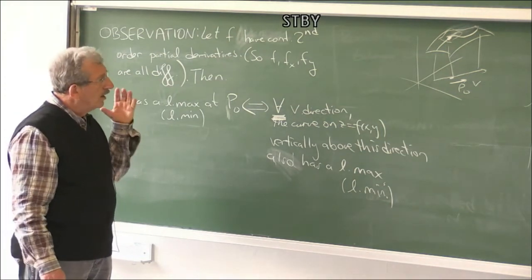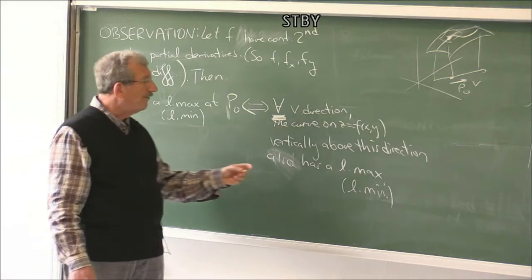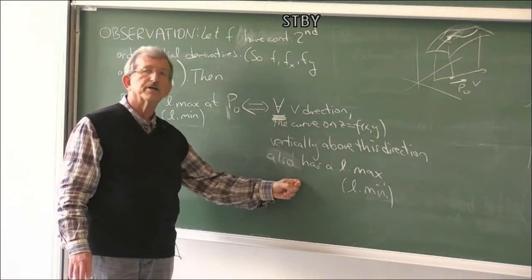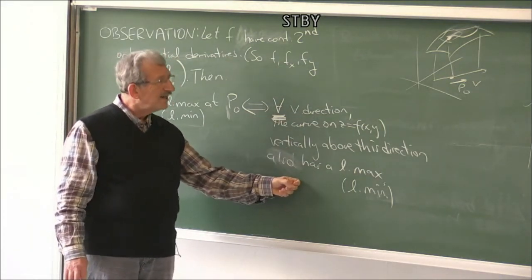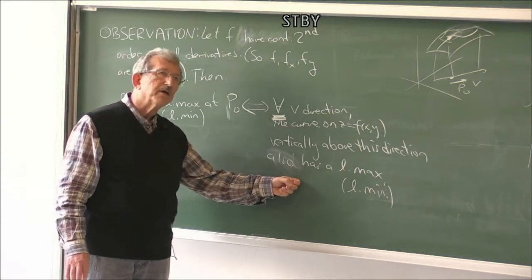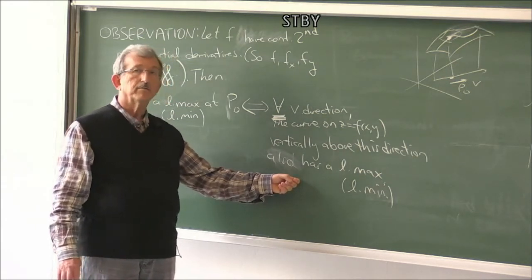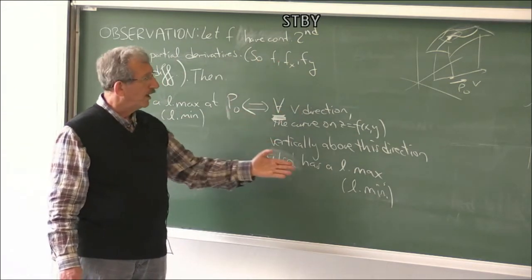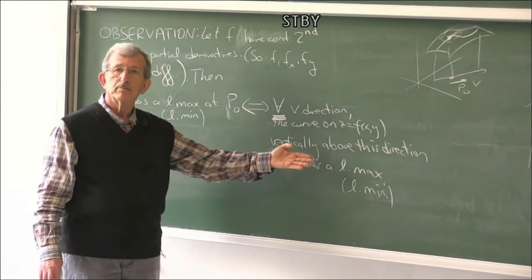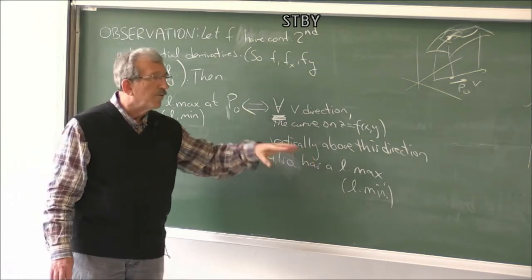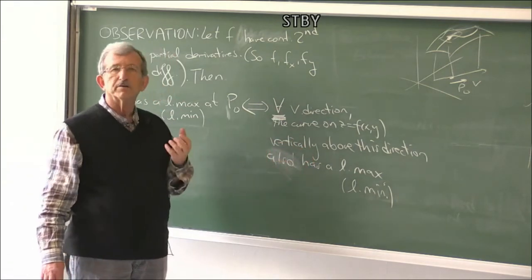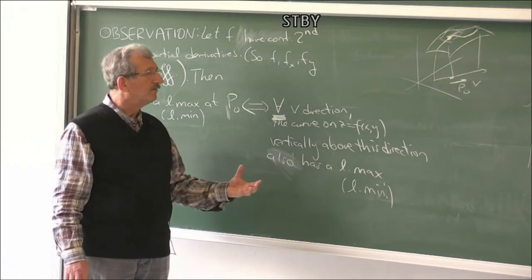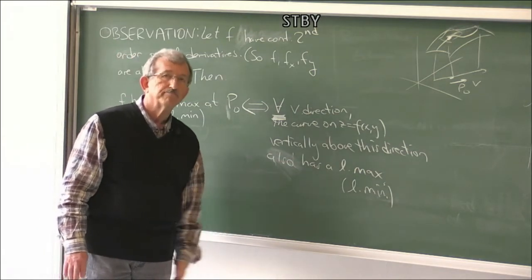Now we know one criterion about the right side, because the right side has something about a plane. We have a vertical plane, and we have a curve, and we have a local maximum. Well, this is guaranteed by the second derivative test if the second derivative is negative there.